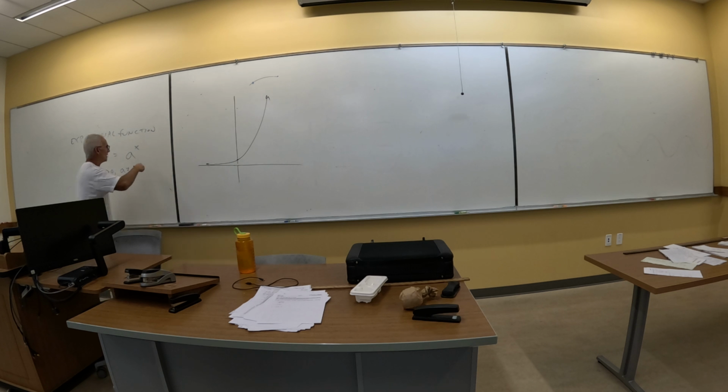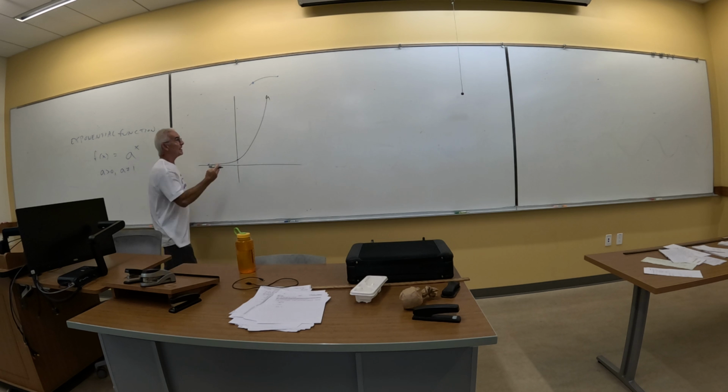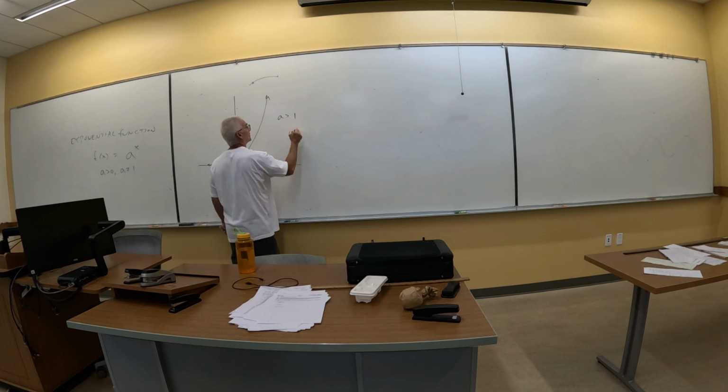Now, what value of x will produce 0? It'll never be 0. But if I put a large negative in for x, that's reciprocal to a positive power, it's going to get really small really fast, which means that I have a horizontal asymptote for the x-axis. This would be the case where a is greater than 1.